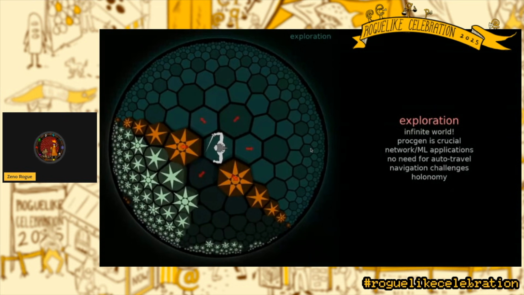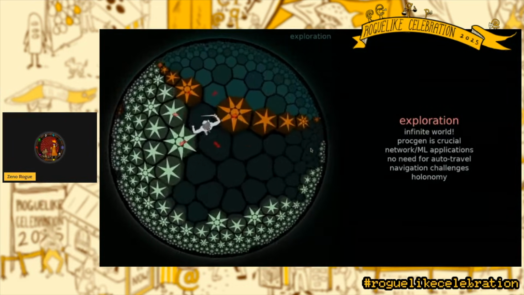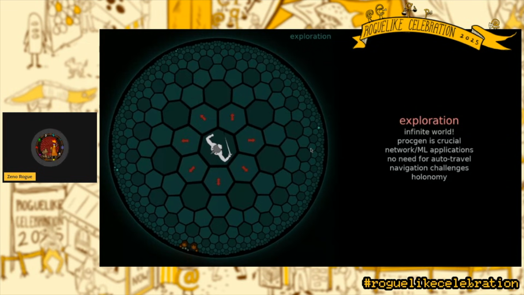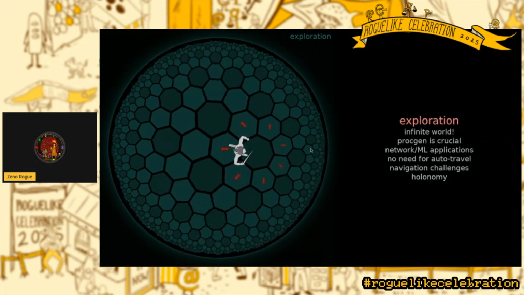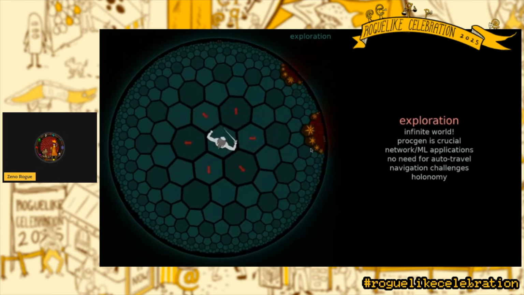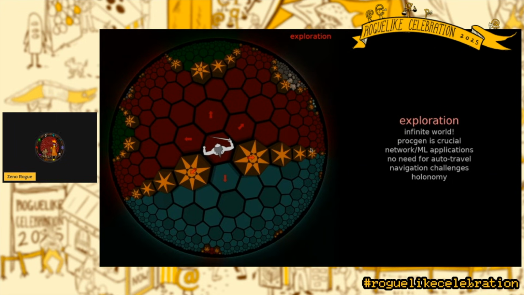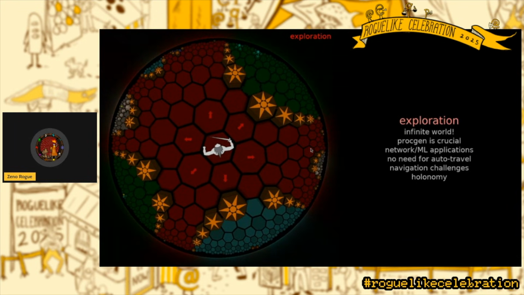Some people don't like it very much, and here in HyperRogue, due to this structure, it doesn't feel like it would be better if you had auto travel. And so HyperRogue has not only combat challenges, which I did show before, but also navigation challenges.